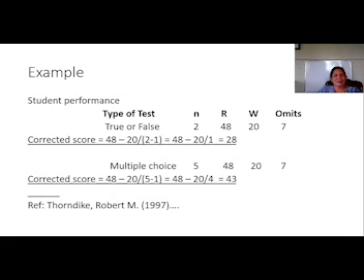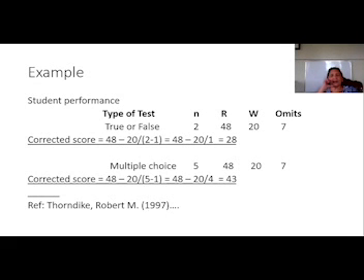So let's see the score that you would have gotten if you guessed. You did some kind of guessing. Okay. 48 ang correct response mo. 20 ang wrong responses mo.